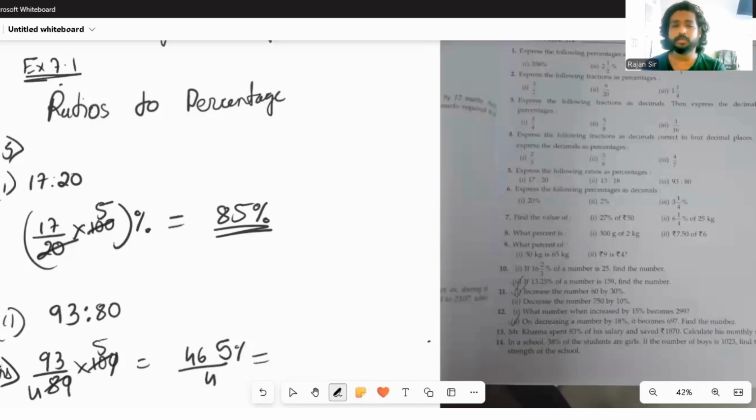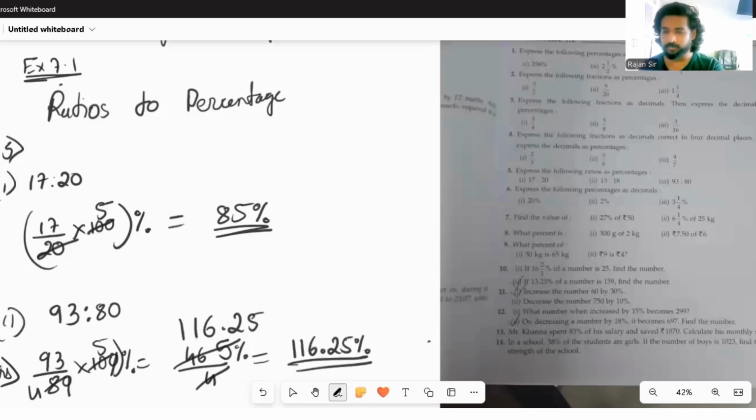Make sure you write the percentage sign, I'm very sorry. Then you can cut it. We have 1, then 1 again, 25, 6 fours are 24, then we have 1 left, which is 10, we have 2, and then 2 left, which is 5. So this is 116.25%. You can do it by the division method as well.